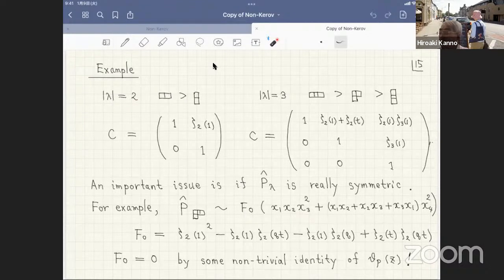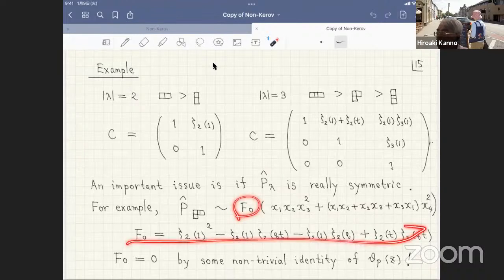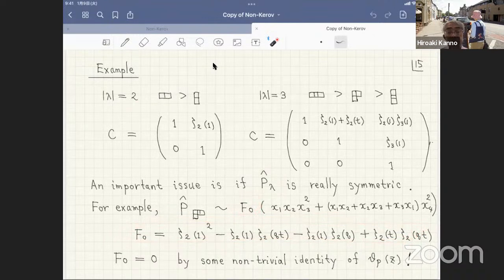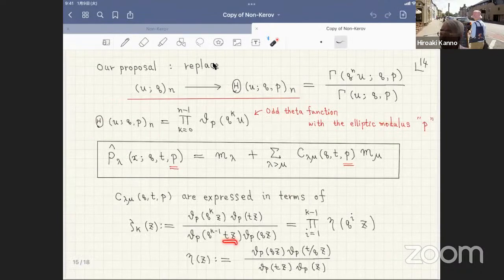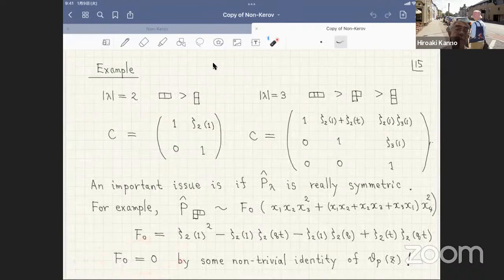So for Q hat lambda to be really symmetric, the coefficient F0 should vanish. So actually, F0 takes this combination. And we can check, actually, this vanishes by using some non-trivial identity of theta function. So in that sense, theta function appearing in this combination is quite crucial for this property. Okay.